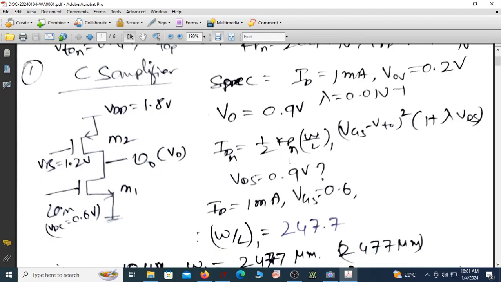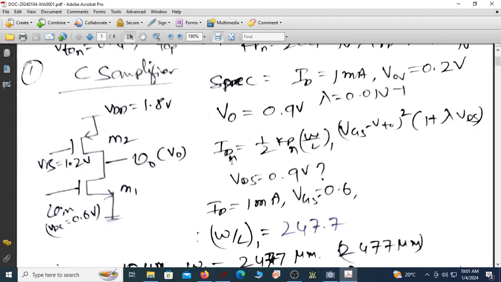Upon substituting all these things, if you calculate W by L of the first transistor M1, it comes out to be 247.7. I will pause now for a few minutes.